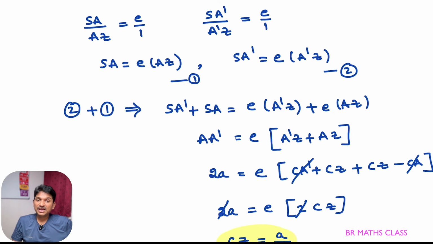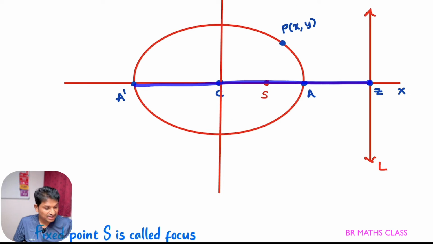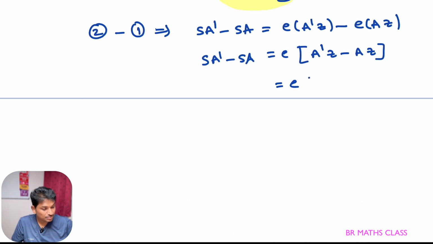Now when we subtract, in the right hand side you will get A'Z minus AZ. Observe this in the diagram. This is A'Z, minus AZ. You subtract this AZ, then what you will get? That is AA'. I hope you are understanding. A'Z minus AZ is AA'. In the right hand side you will get AA'.